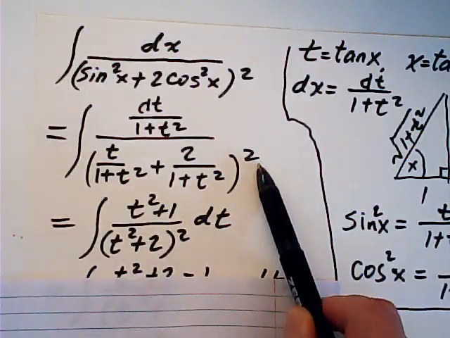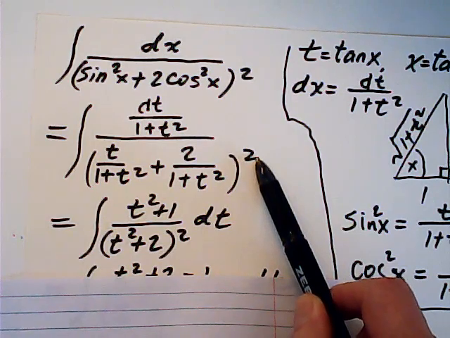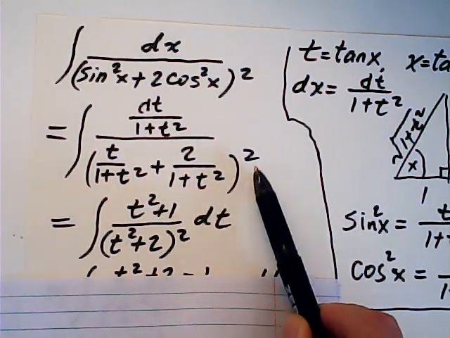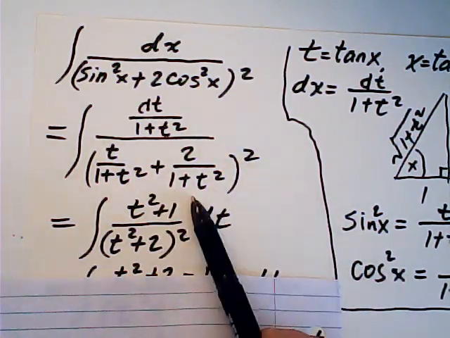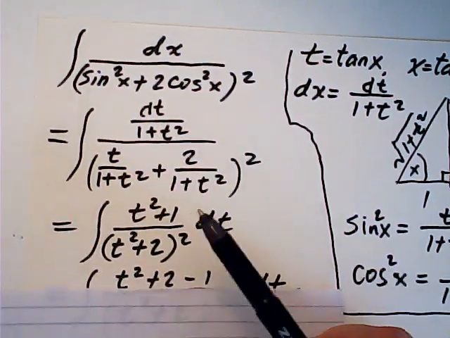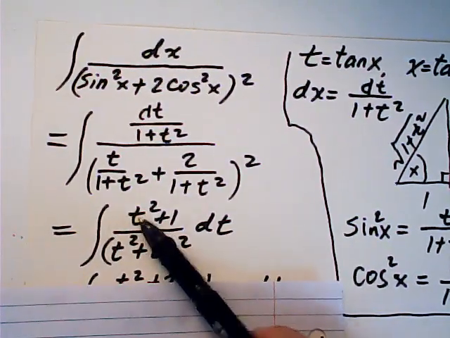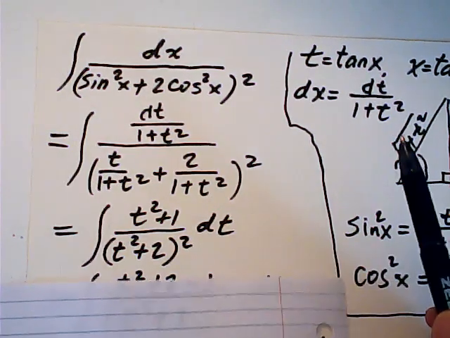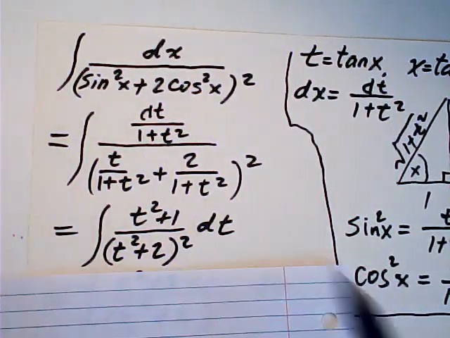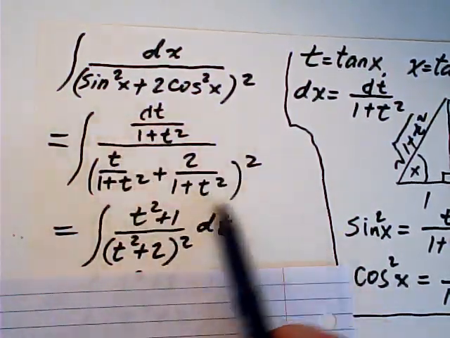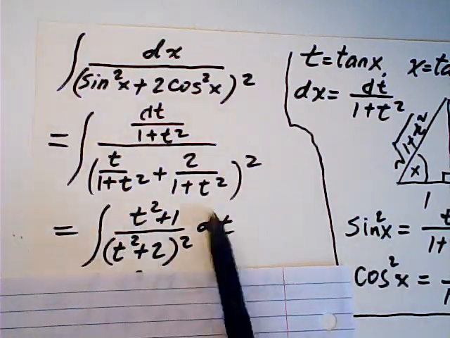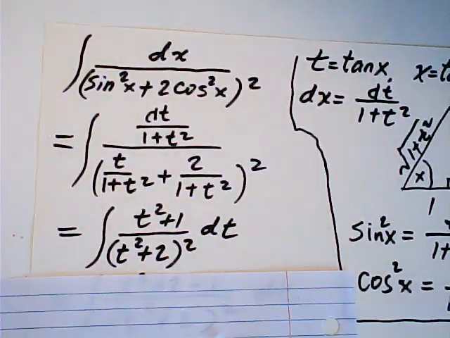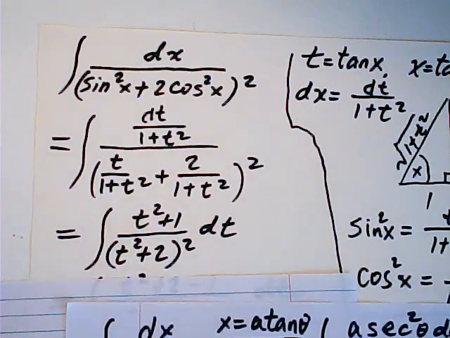After squaring, it becomes this squared. This 1 over this is squared. Then it cancels with that one, we get t squared plus 1. So in other words, we simplify this one, and we become this.